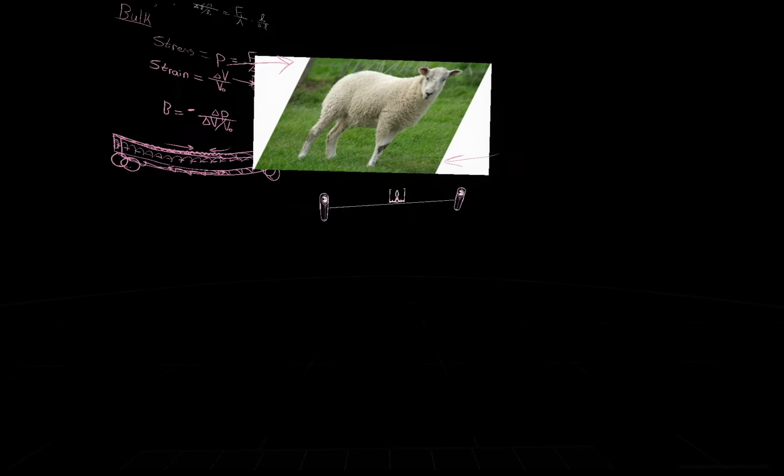And so the way that this is defined, move this up out of the way, and I'll switch to a new color since we're in a new topic, or a new type of stress. Shear, spelled differently. Oops. S-H-E-A-R instead of S-H-E-E-R.